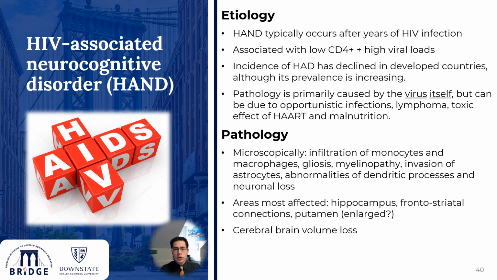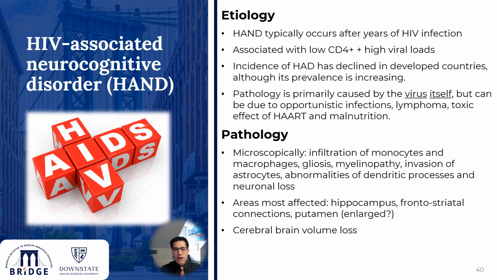So this syndrome typically occurs years after HIV infection. It's associated with low CD4 count and a high viral load. Incidence has declined a lot in developed countries due to the availability and access to high quality antiretroviral therapy.